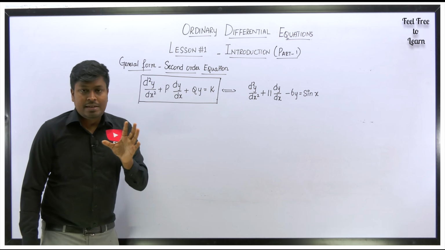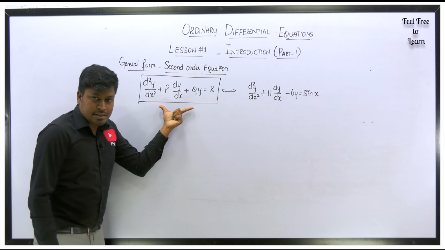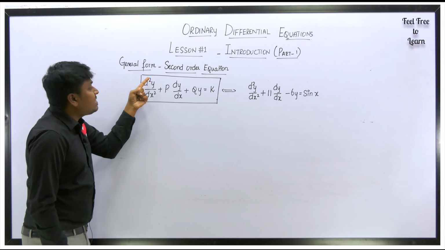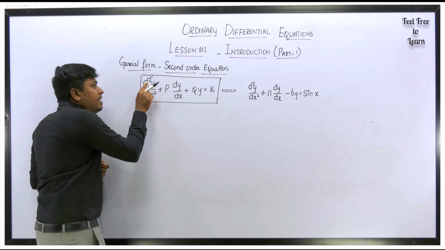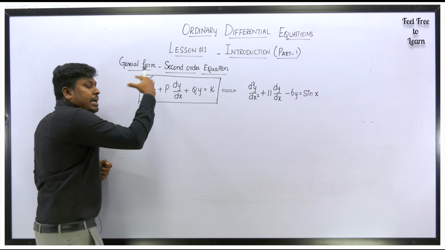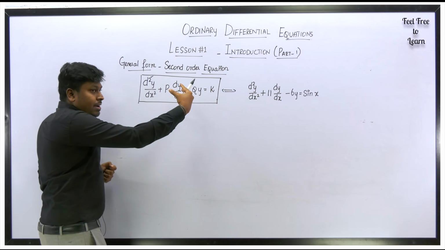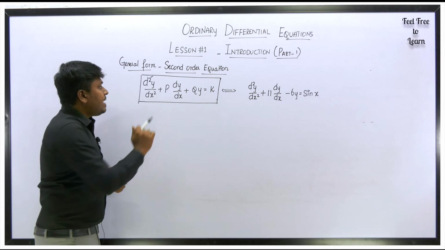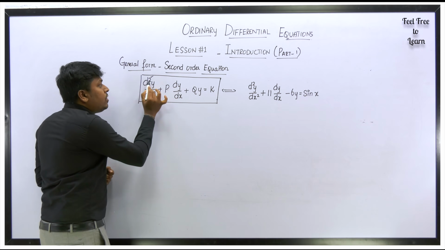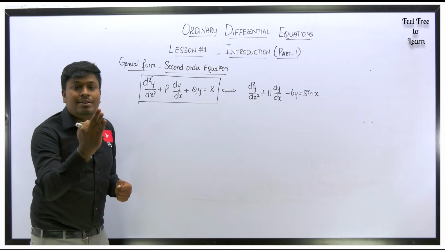If an equation starts with d square, number 2, then it is called second order. If the equation starts with d cube, then it is called a third order equation.